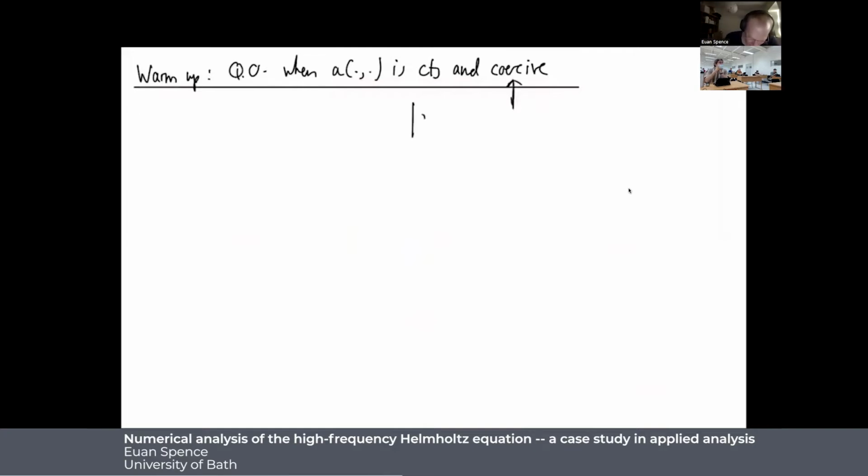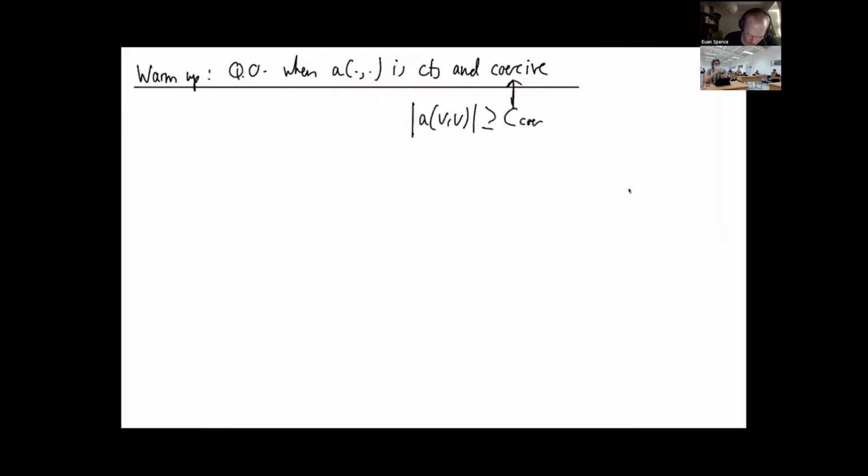I mean that the modulus of A(v,v) is bounded below by some constant, let's say C_coer times the norm of v, here I'm writing the H1_k norm, although actually these arguments I'm giving you are valid in any Hilbert space. Later our Hilbert space is H1, and so I'm going to write them in this norm, but like I say, these arguments are more general.